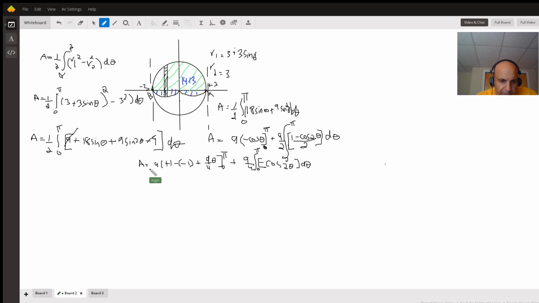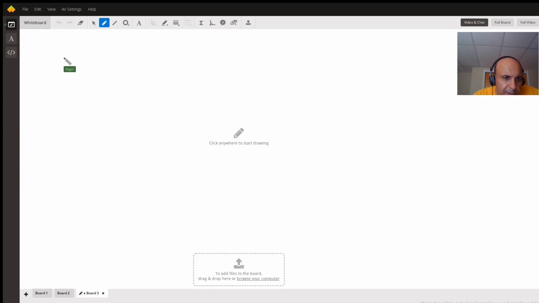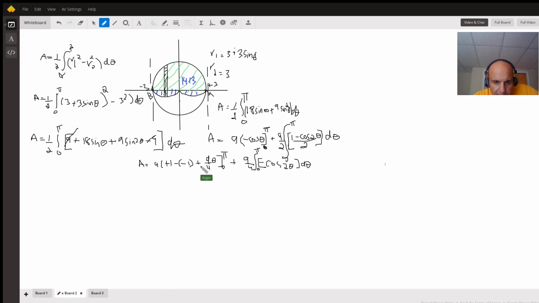So on board 3, I'm going to write A is equal to, first of all, this one here. This is 1 plus 1 is 2 times 9 is 18. Are we missing something here? Yes, 9 over 2 here.